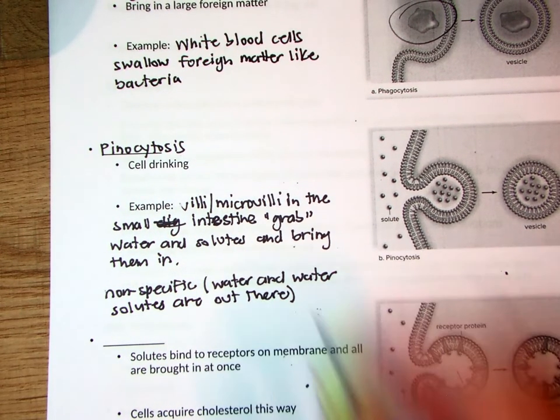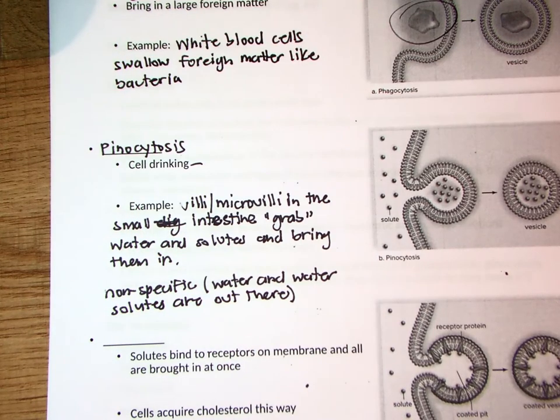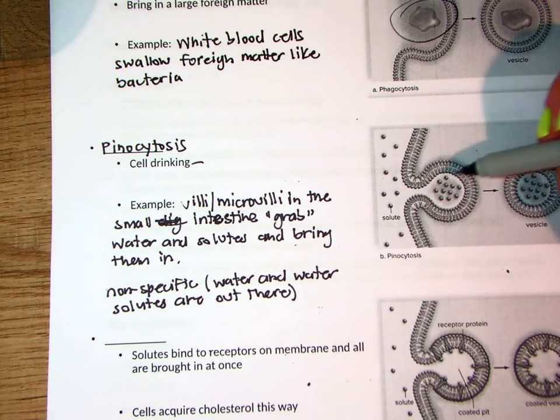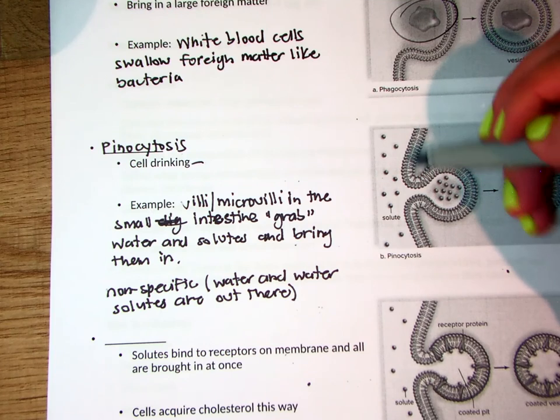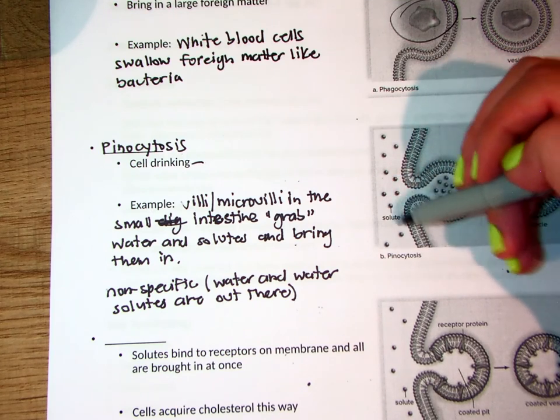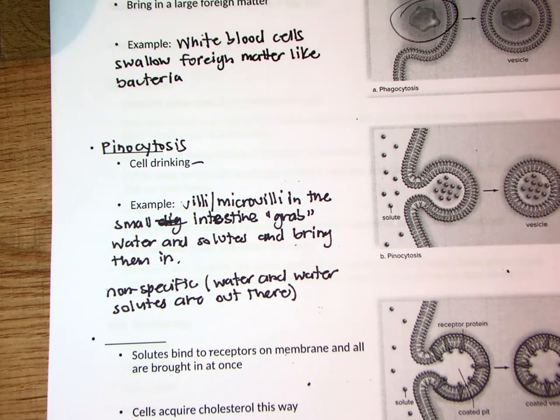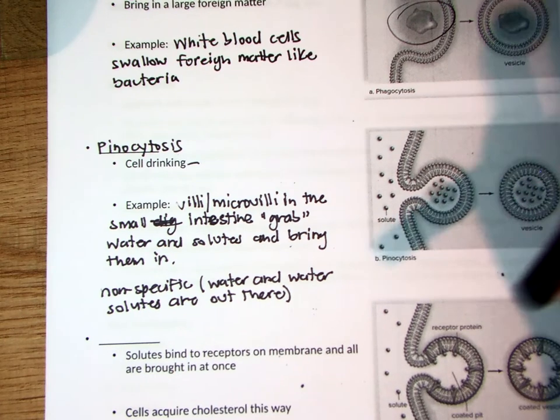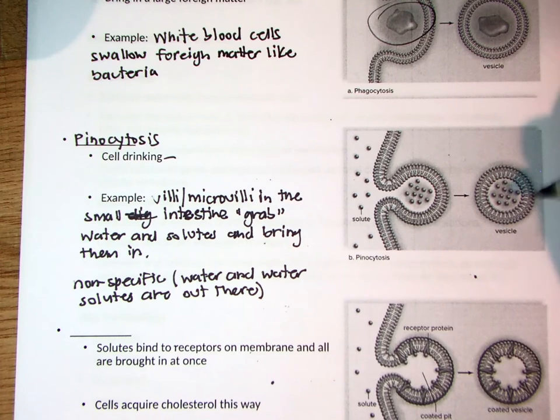So again, it means cell drinking, so it's bringing in water and whatever solutes are in there with it. So same type of process, you have the cell membrane, it starts to invaginate and pinch it off there, and it'll just grab water and whatever solutes are there, close it off, surround it with that phospholipid bilayer, and now you've got a vesicle that can move around the cell and go wherever it needs to go.